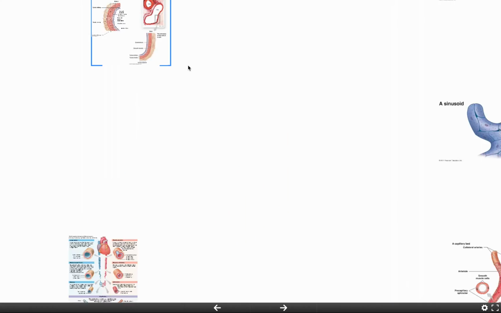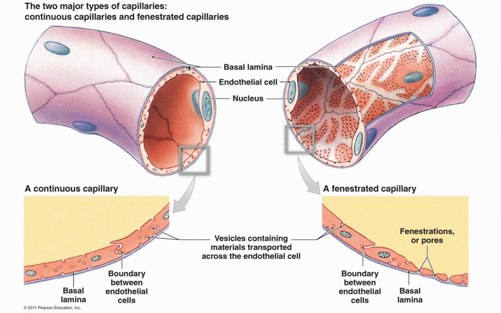So let's talk next about capillaries. Two major types of capillaries. We have continuous capillaries, such as this one, which is the most common. They're found all throughout the body. Nutrient exchange happens by diffusion.